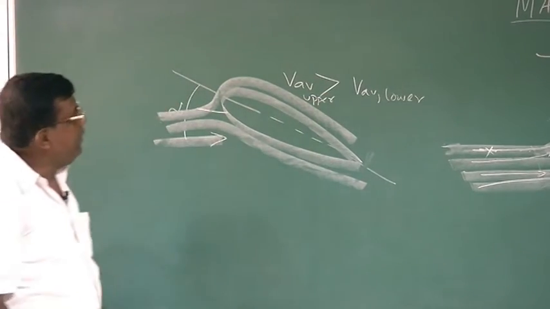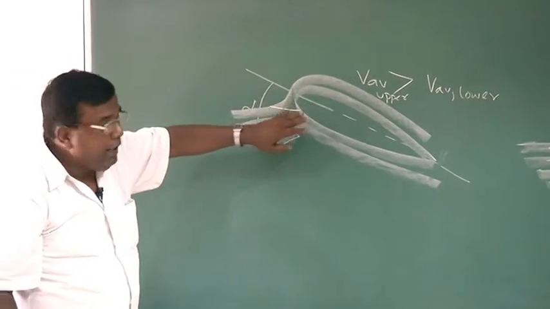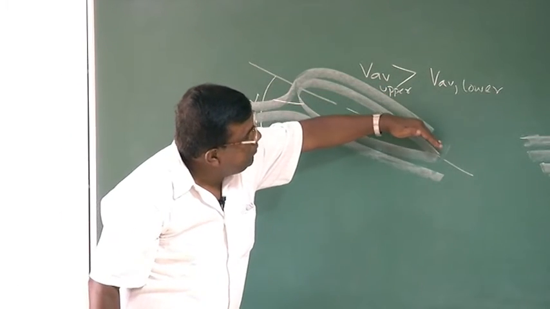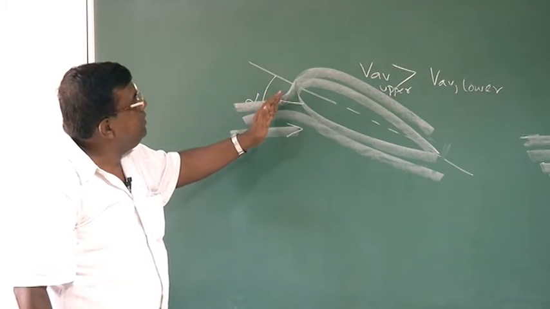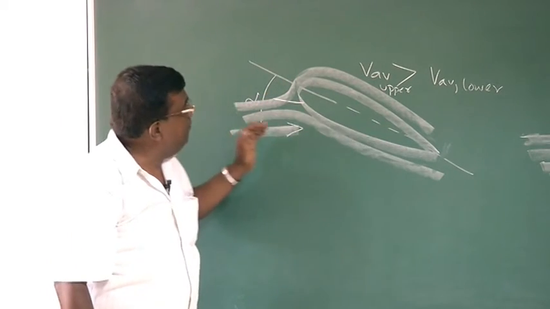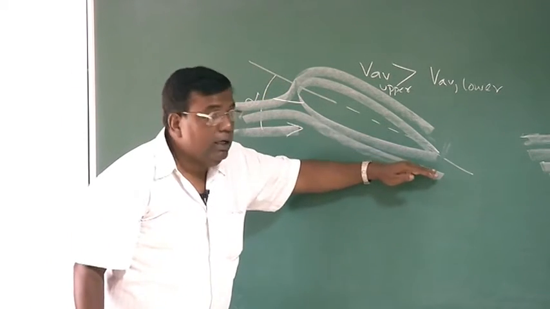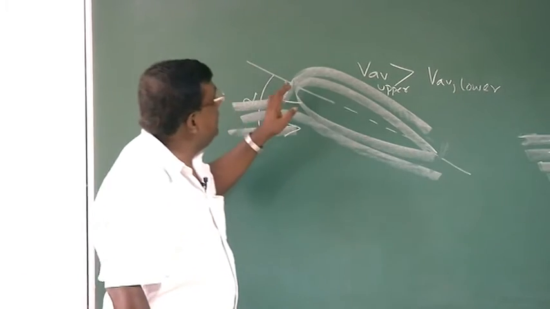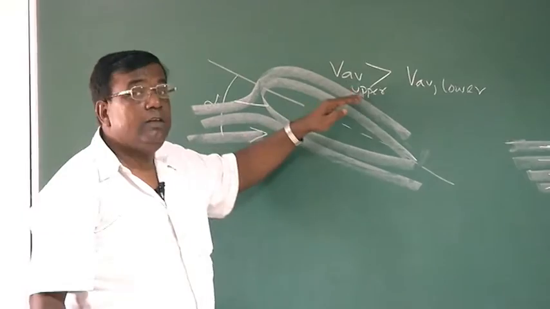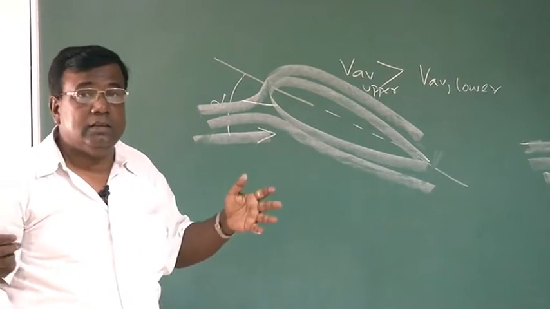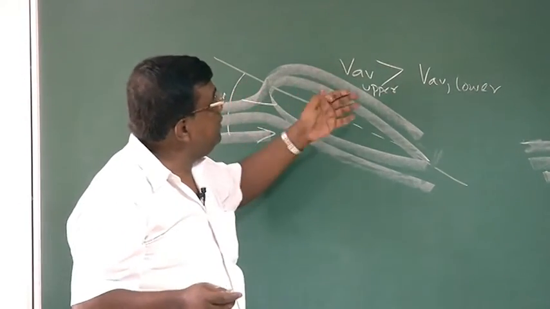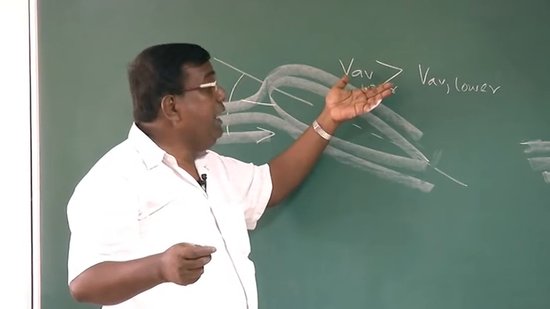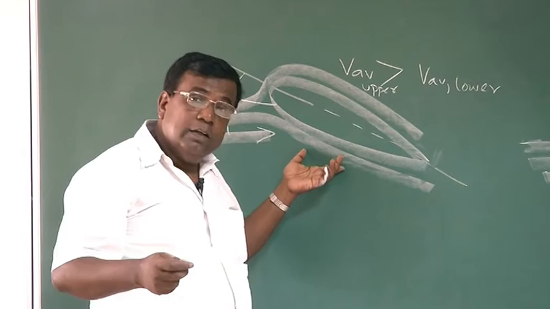Is this clear? If it is at angle of attack, now I could see this fluid stream has to traverse a larger distance compared to the lower part of the fluid. However, all the fluid has to come at the same time. That means the upper part has to hurry up because of the larger distance. This hurrying up means I say the average velocity of the top surface will be higher compared to the lower surface.